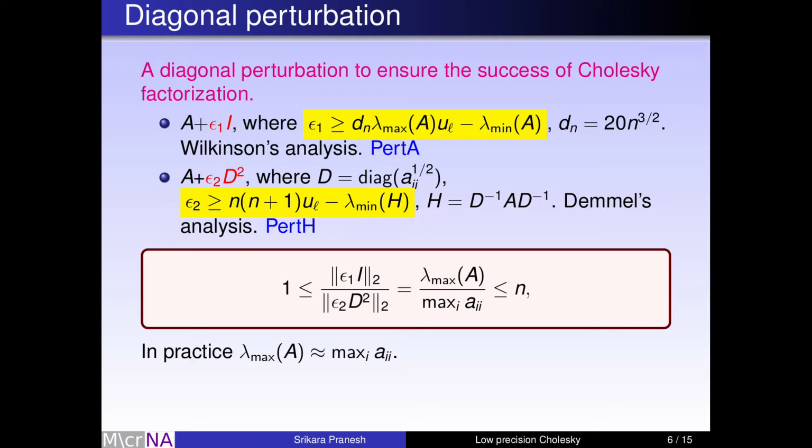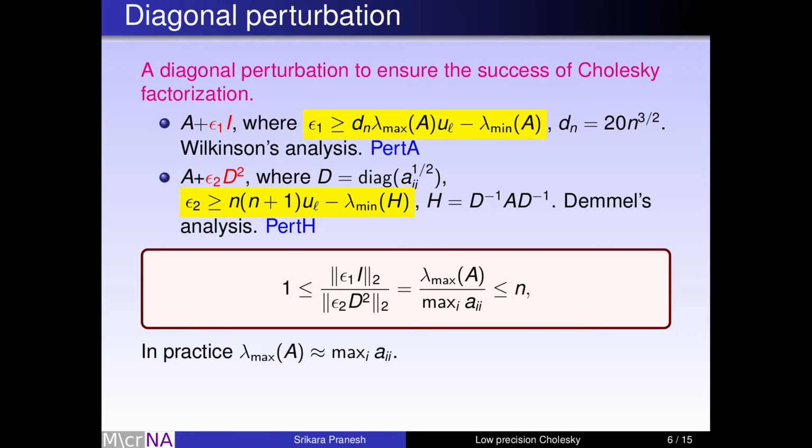But what I'd like to say is, there are two methods here, right? One is Pert A, where you just perturb the diagonal by a very large value. It's an absolute perturbation, if I may. And the second one is perturbing based on the absolute value of the diagonal. It's a relative perturbation. If you measure how much each of them perturb the matrix, you can see the value here.